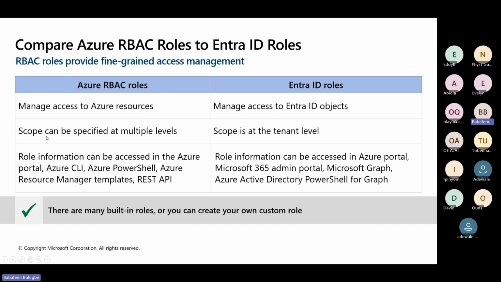Then here, the RBAC role can be scoped at a specific level or multiple levels. It might be just on the subscription. You can scope it to the resource itself, or maybe to the management group, or even on the resource groups.